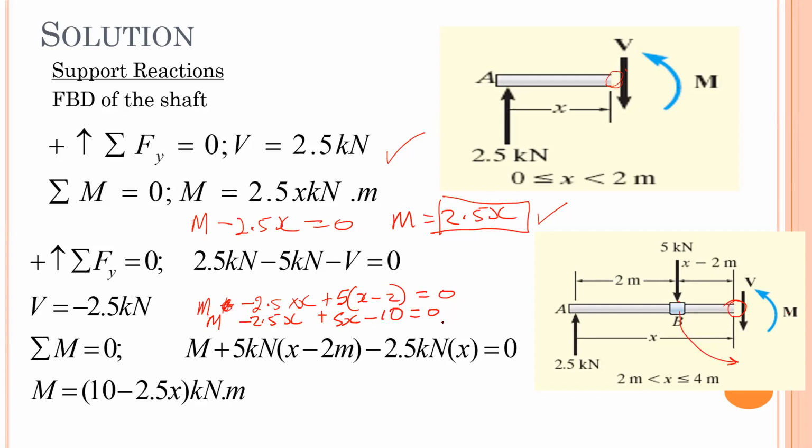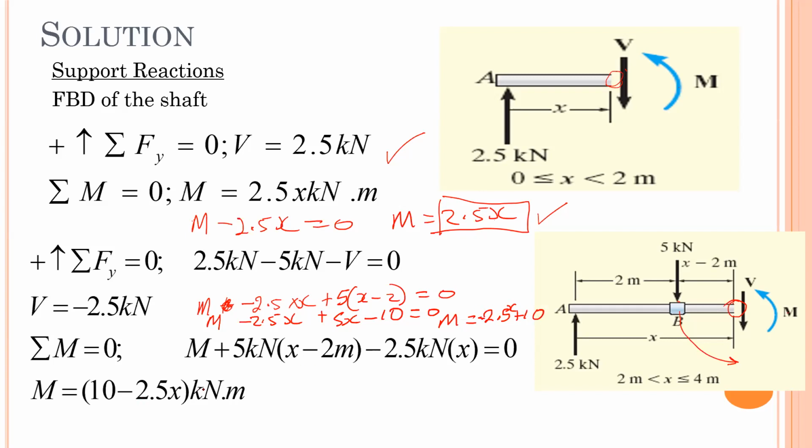If you transpose that and leave the M on that side, you get minus 2.5x, plus 10.